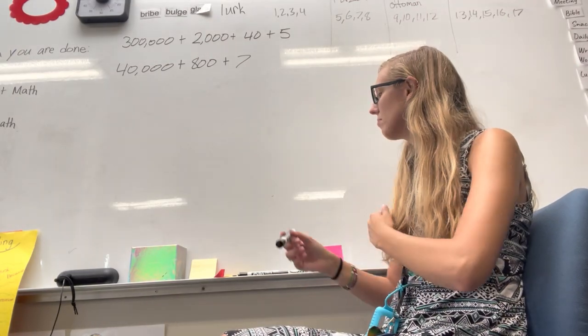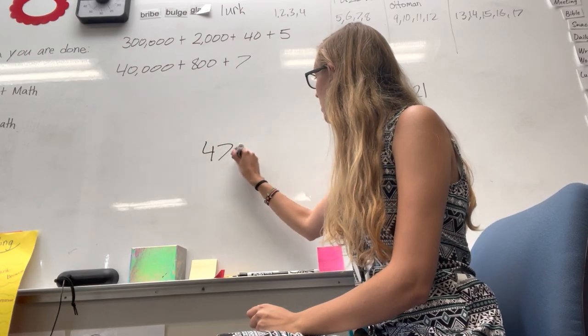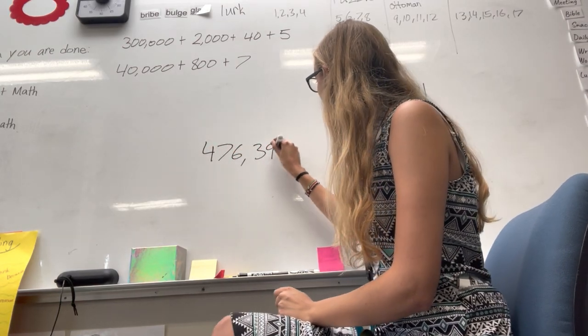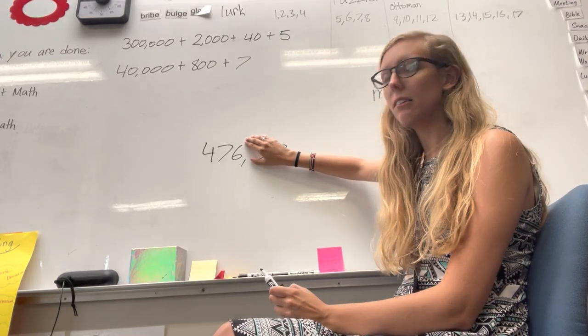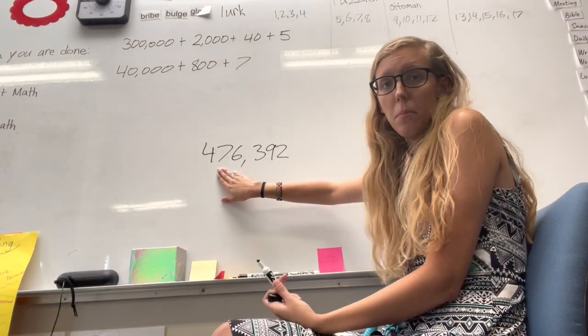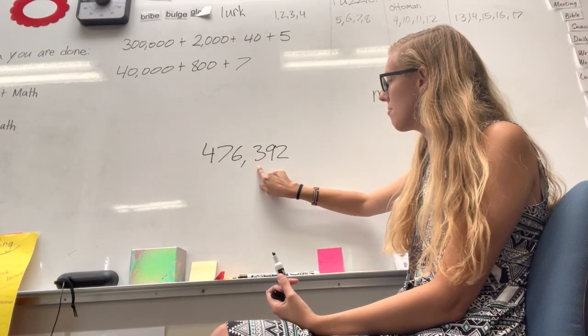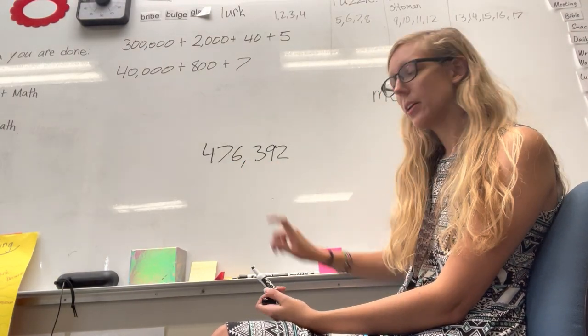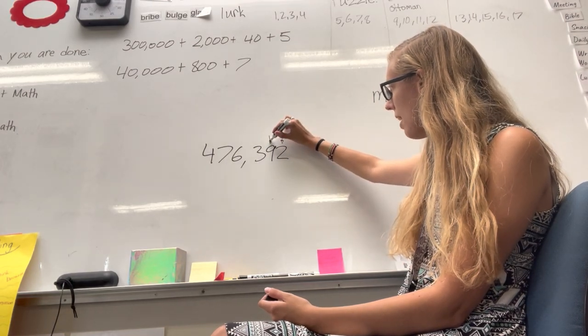All right? So if we look at this number right here, remember, we read it first without looking at this last part. We read it like we normally would, 476,392. All right, so this right here is the ones place. We know that.